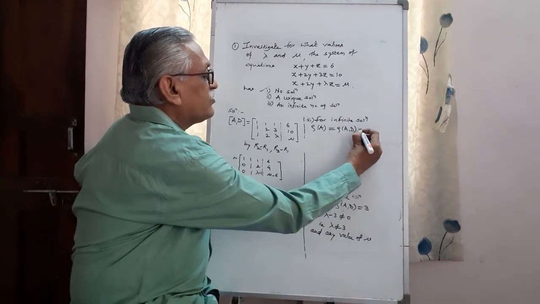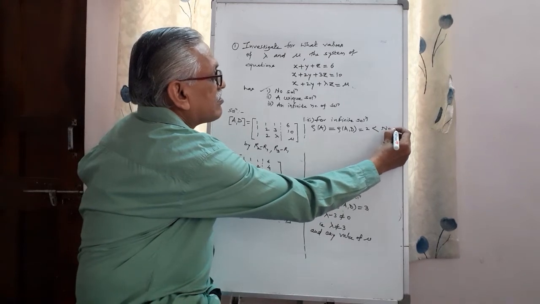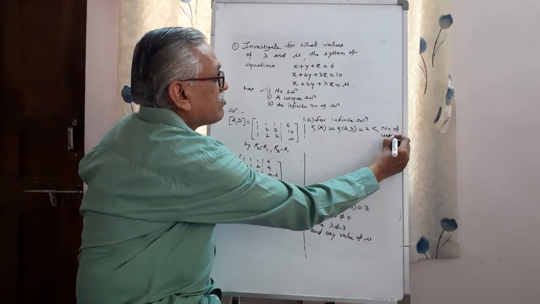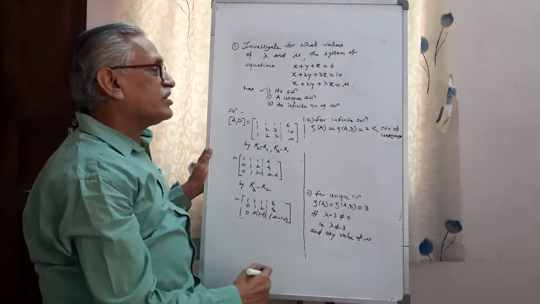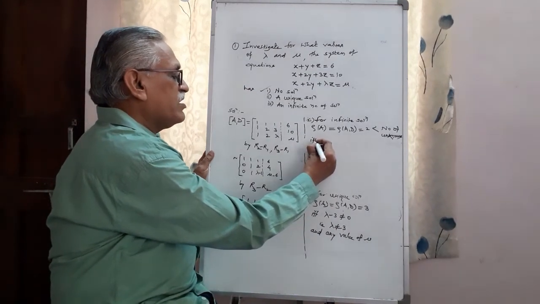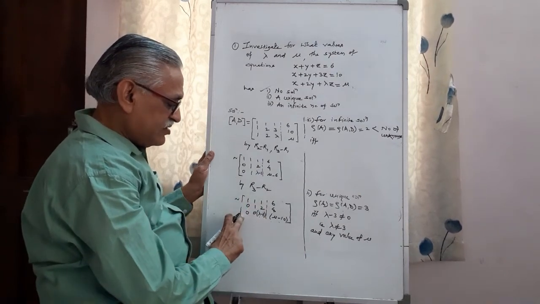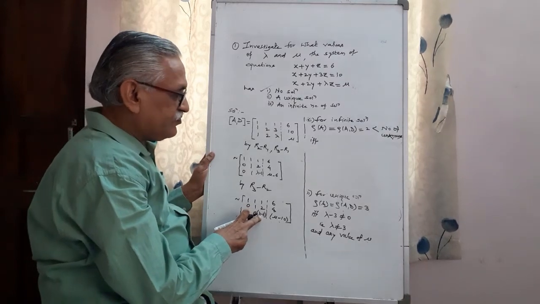Suppose here it is 2, which is less than the number of unknowns. Unknowns are 3, and it is possible if and only if we get the rank of A as 2 if this one is 0.